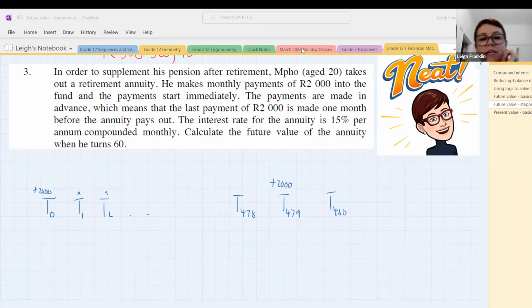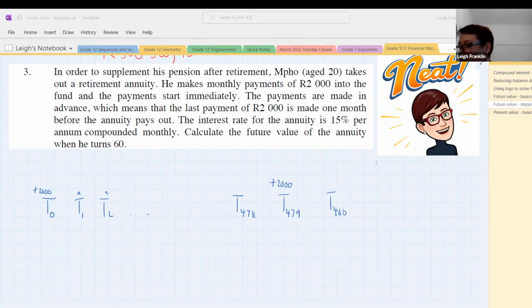Exactly, because he paid at T0. Because he paid in advance, he started at the beginning of the month. So he's made 480 payments, but because he starts at T0, he ends at T479.